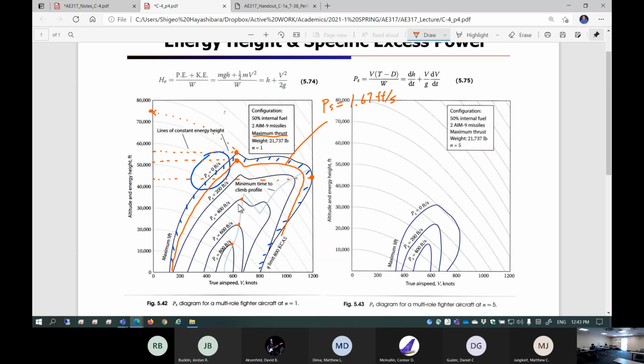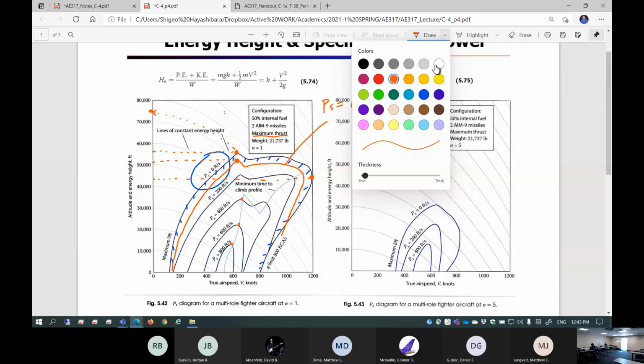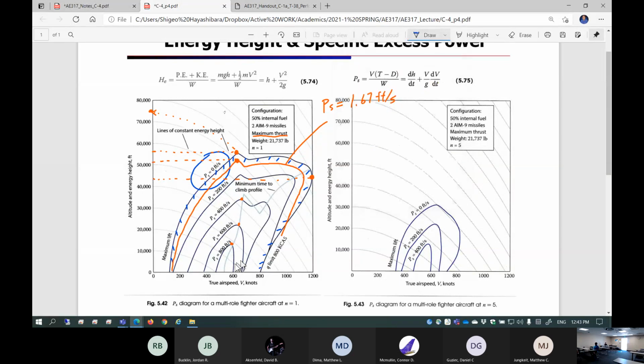Now, minimum time to climb is if you fly completely perpendicular to the energy height. In this case, you can sort of do that, not quite. If you want to plot the minimum time to climb path, actually, right here, you're going to go this way.